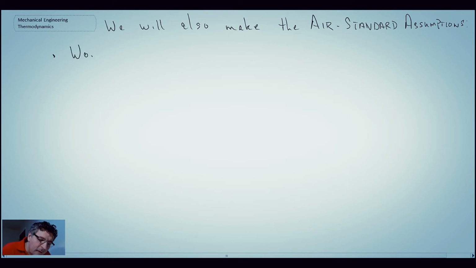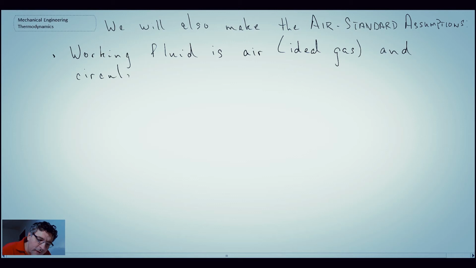The first is that the working fluid in our engine is assumed to be air. And we'll assume it to be an ideal gas under the conditions that we're looking at. And that it circulates in a closed loop.